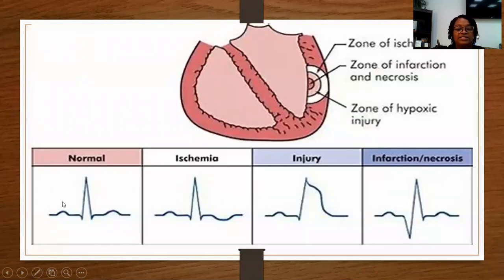okay? Here we see an example of your normal PQRS and T wave, an example of ischemia with your T wave inversion, and then the injured tissue, you start to see the ST elevation, and then once that tissue infarcts and necrosis sets in, you'll see that significant Q wave.